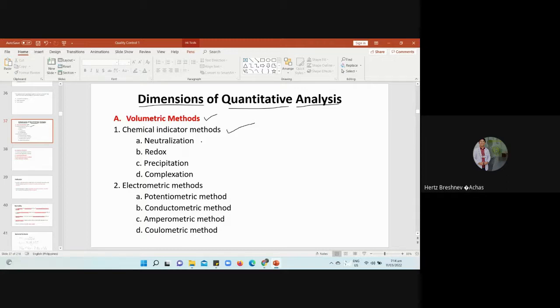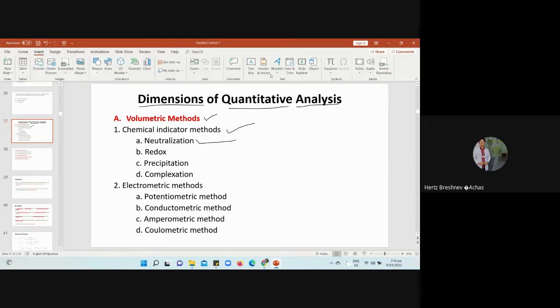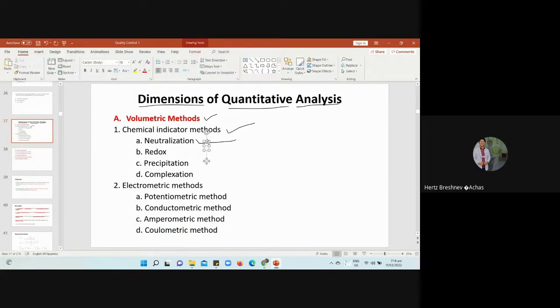First is neutralization. Neutralization is a reaction between an acid plus a base, and this is a common board exam question.